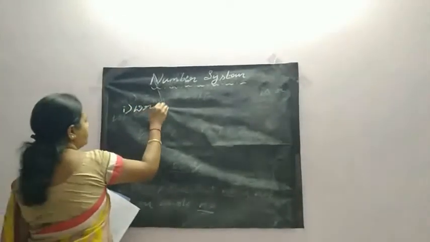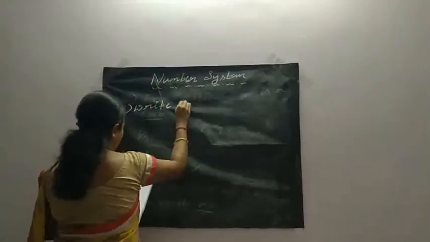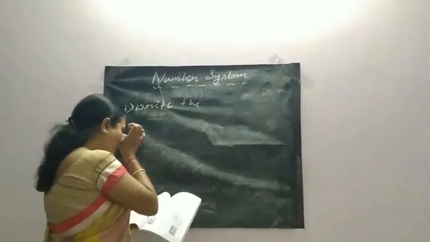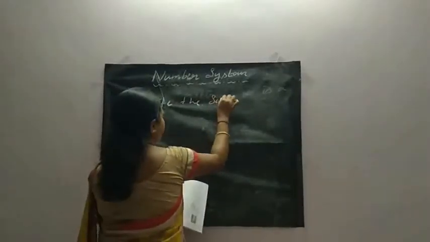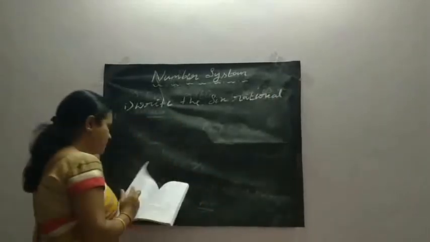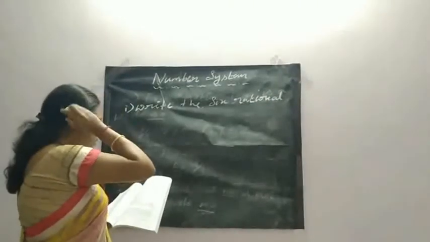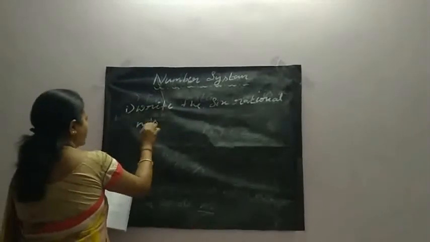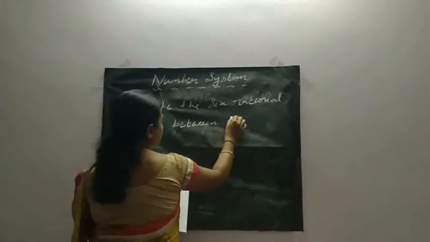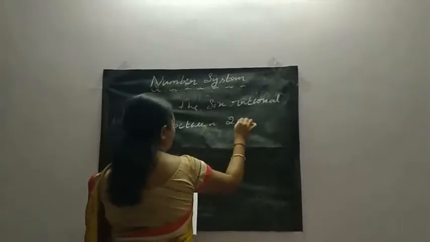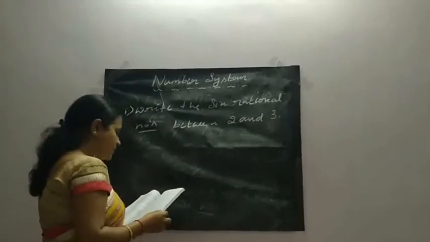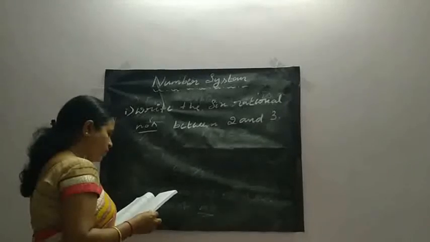Write six rational numbers between 2 and 3. So write the 6 rational numbers between 2 and 3.